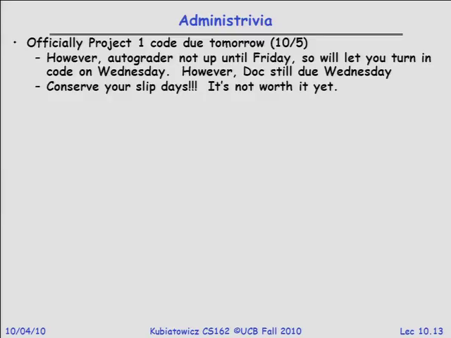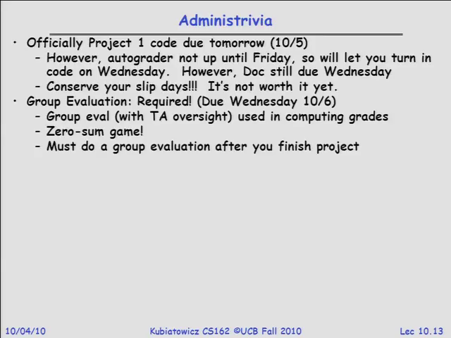Group evaluation technically is the day after things turn in. We'll try to do them on Wednesday. Maybe I'll let you do it on Thursday. But you have to do this for every project, because if you don't do group evaluation, it could lead to zeros on your project.